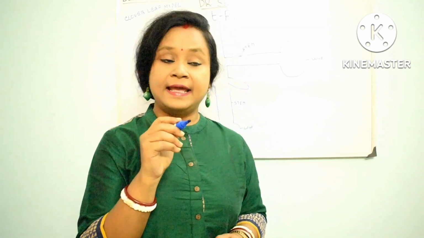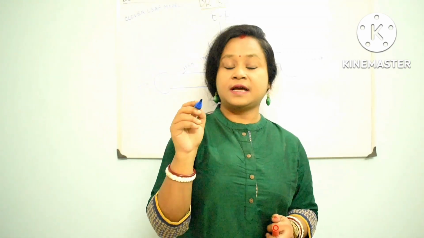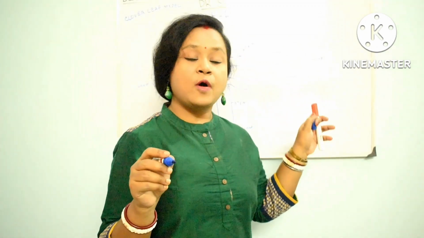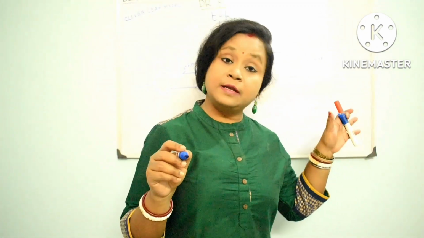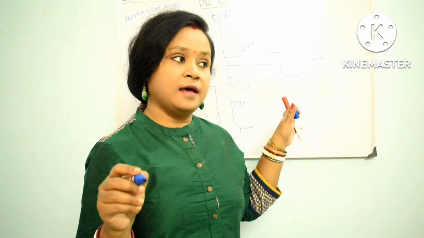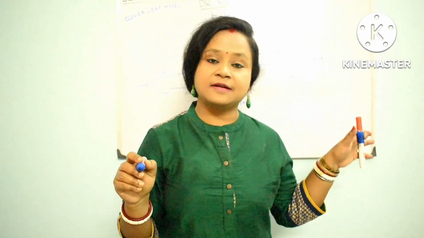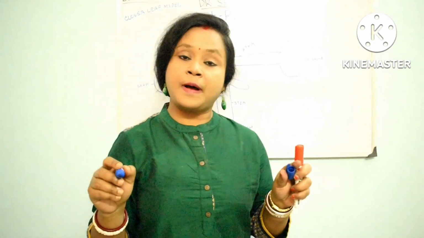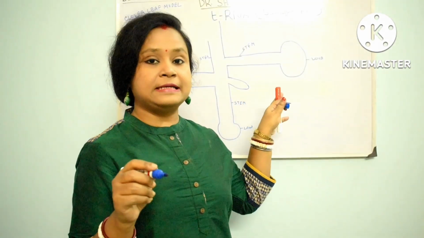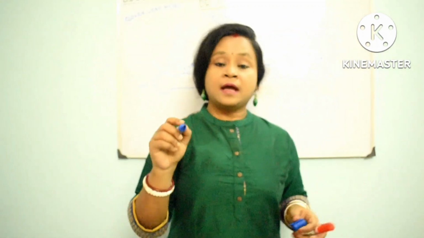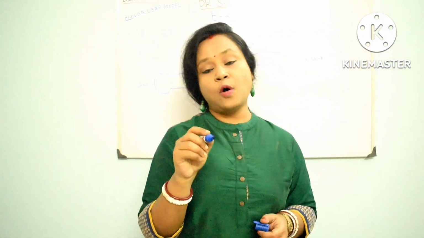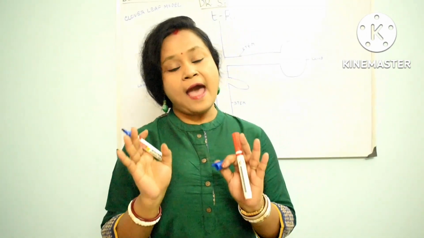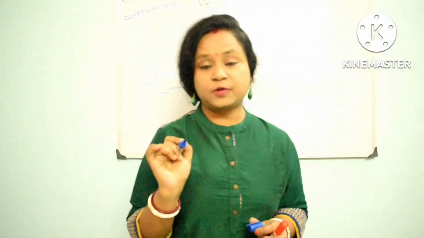In case of DNA, A makes a double hydrogen bond with T. But in case of RNA, as we already discussed in my RNA polynucleotide structure lecture, T is absent and uracil is present. So adenine makes a bond with uracil and G makes a bond with C as a triple hydrogen bond.